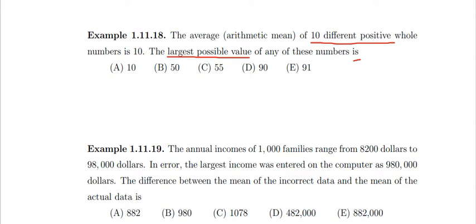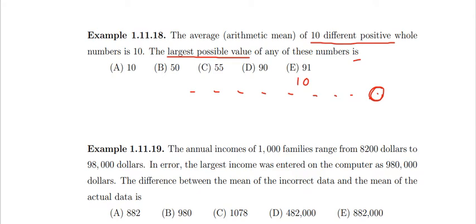So let's say 10 numbers, average is 10. So we let this one be as large as possible. Then we let all the others be as small as possible.